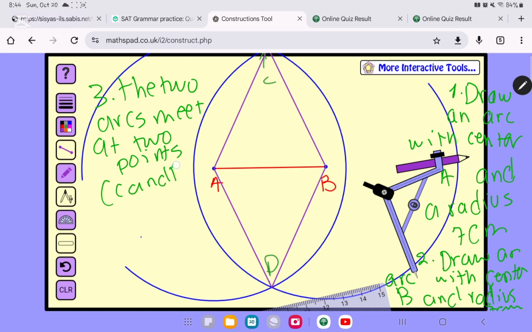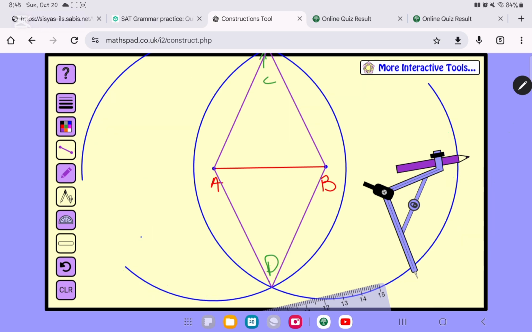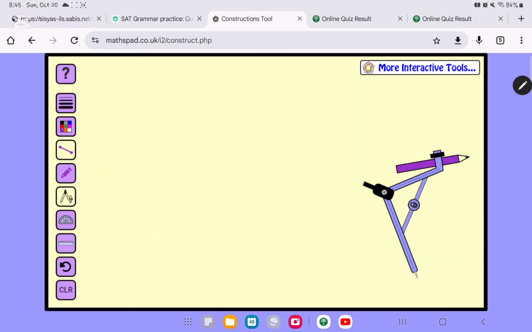C and D. And then finally, step 4, we will connect C to A and B and connect D to A and B. And like that, we formed what? We formed a rhombus. So if they ask you in the exam to draw a rhombus, this is how you are supposed to do it. Now we have one last final case, which I believe will be coming in the exam.